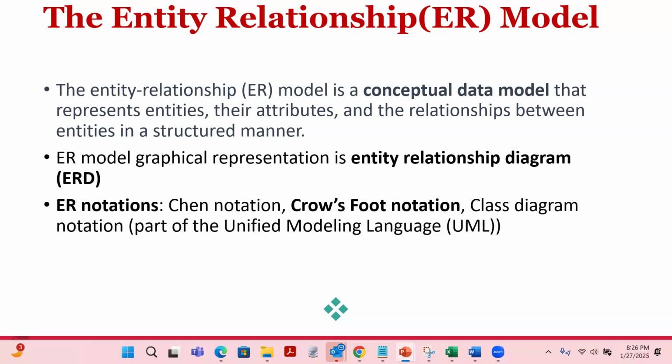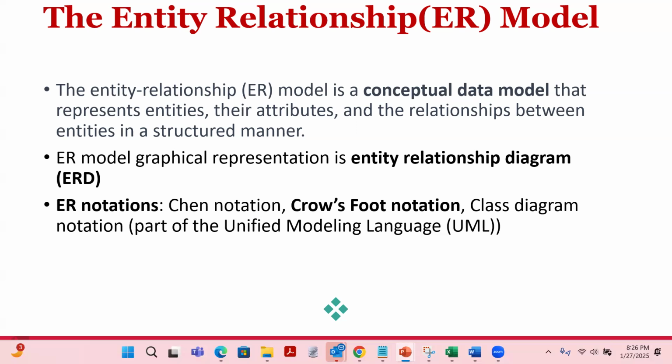And when it comes to entity relationship diagrams, there are three different notations, or ways to draw this diagram. Those notations include Chen notation, named after the person who developed it, crow's foot notation, and class diagram notation, which is UML. For those of you who are taking programming classes, you are probably familiar with the concept of UML.